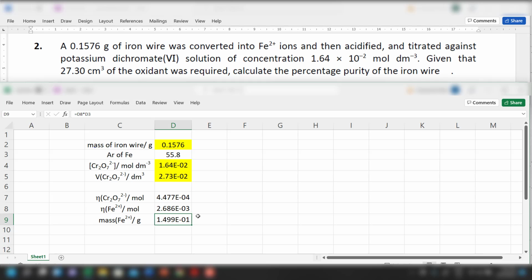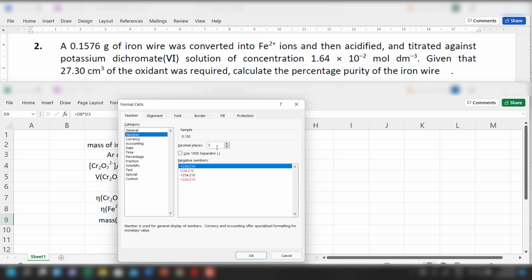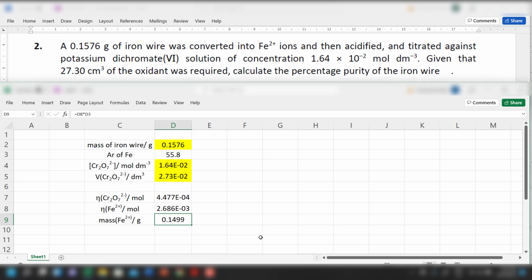So you get a weird looking number. Because it's to the power minus 1, we'll just keep it to the usual number. So that will be 4 SF. So that would be 0.1499 grams.